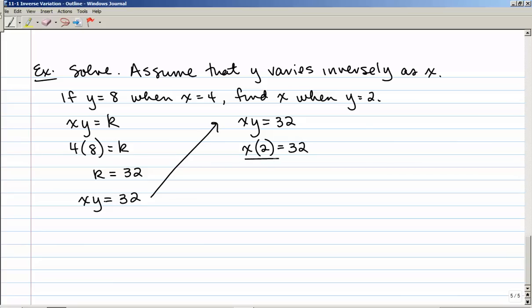So dividing both sides by 2, x is equal to 16. So if an inverse variation situation exists and y is 8 when x is 4, then when y is 2, x is going to be 16. So that's how you solve an inverse variation problem and how to graph an inverse variation equation.